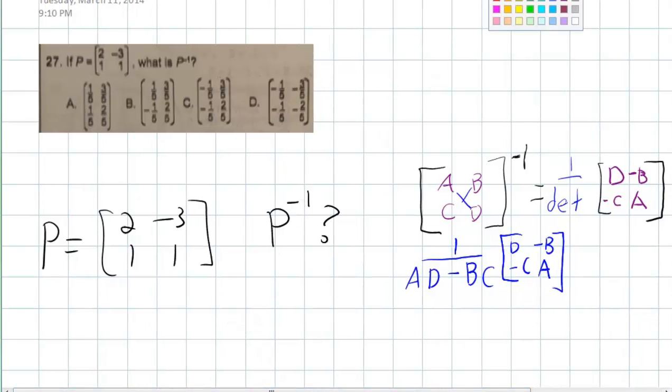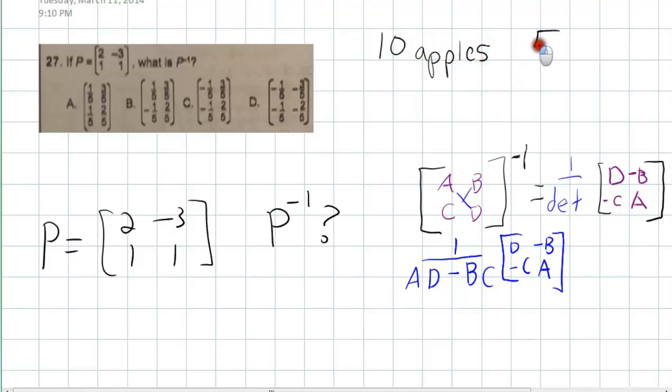I just want to mention why we are finding the inverse of a matrix in the first place. What's the point? The idea is that you cannot do division with matrices. There is no operation for it, but you can use the inverse to sort of substitute for division. So let's say you cannot do division, but someone says, I have 10 apples, and there's 5 people.